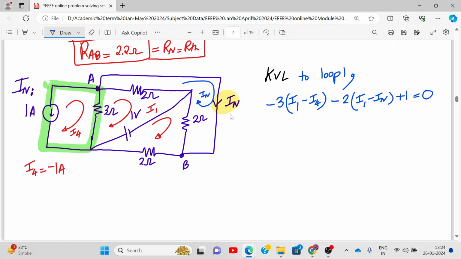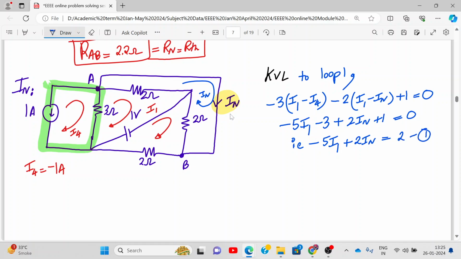And I4 you substitute the value. So it will be minus 5 I1, right? Then it will be minus 3 plus 2 IN plus 1 is equal to 0, right? Just cross check this. Equation number 1.